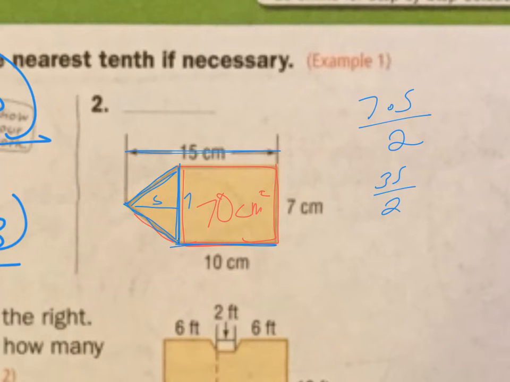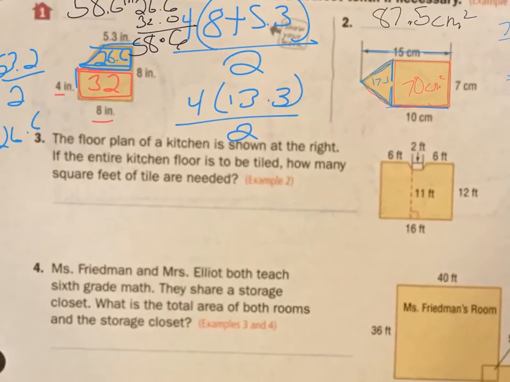So this right here is 17.5. And when I add these together, it's going to get me 87.5 centimeters squared.